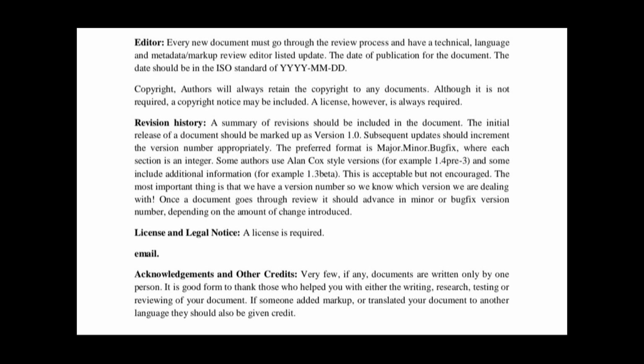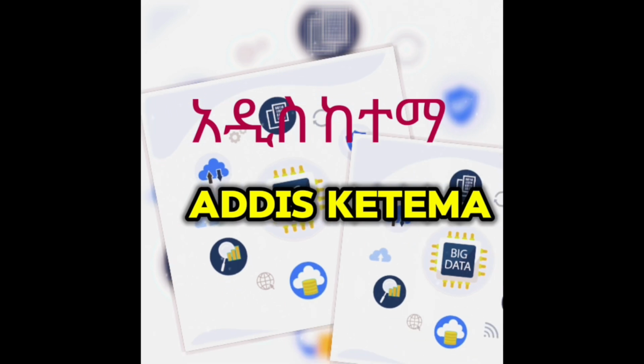It is good to thank those who help you with either the research, testing, or reviewing of your document. If someone added markup or translated your document to another language, they should always be given credit.